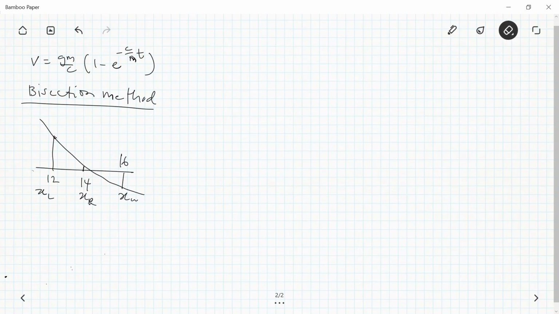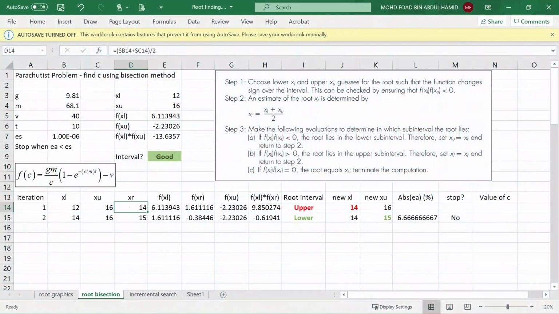What happened is my f(XL) times f(XR) is positive. Why? Because this is positive, this is positive. So there's no root in the lower interval. The root lies in the upper interval, between 14 and 16. This is what happened in my Excel sheet. It says that the root interval is the upper subinterval.